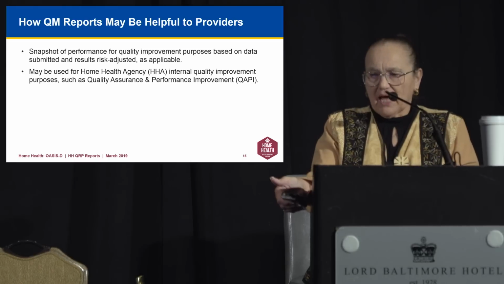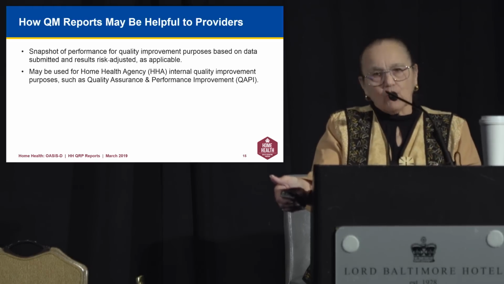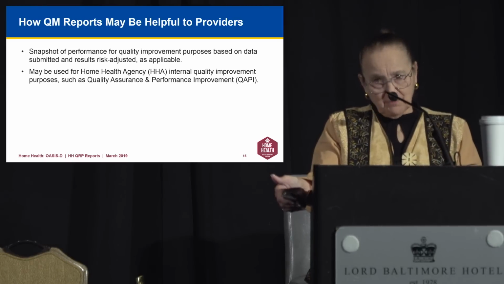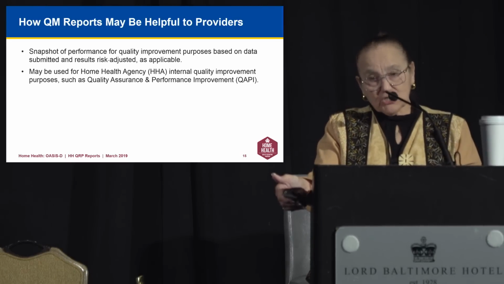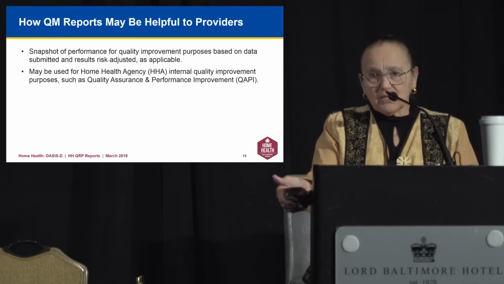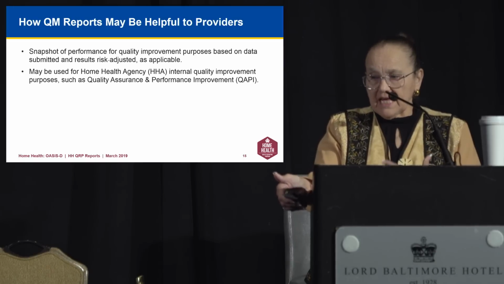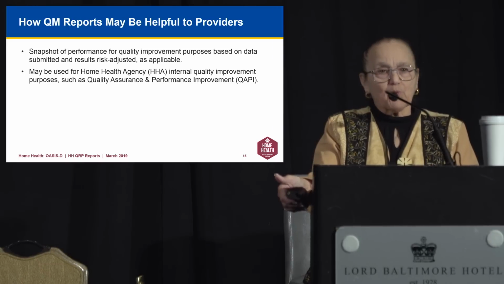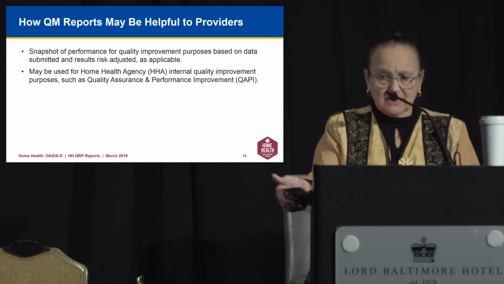It's a snapshot of your performance for quality improvement purposes based on the data that you submitted and risk-adjusted where that applies. This can be used, and used effectively, for home health agency internal quality improvement purposes, such as your quality assurance and performance improvement projects.